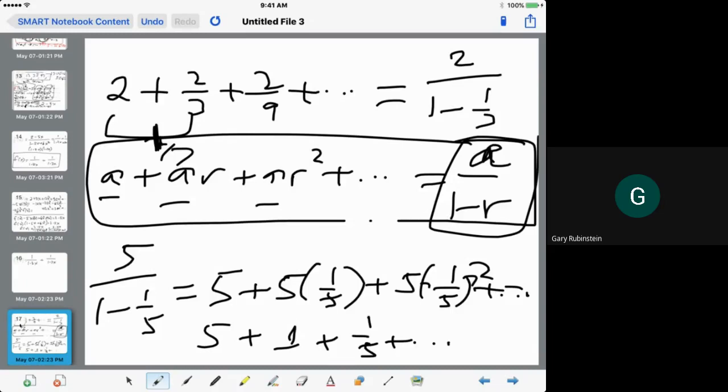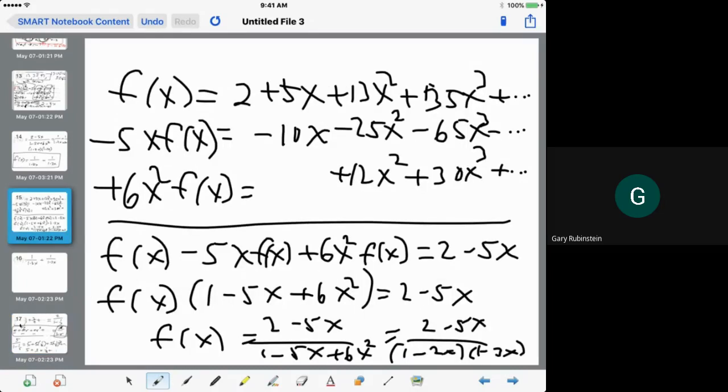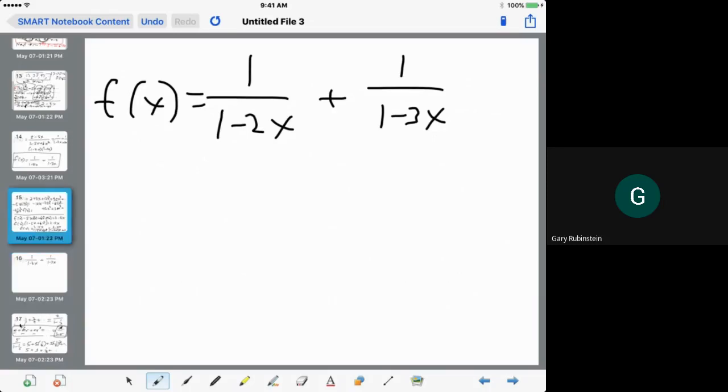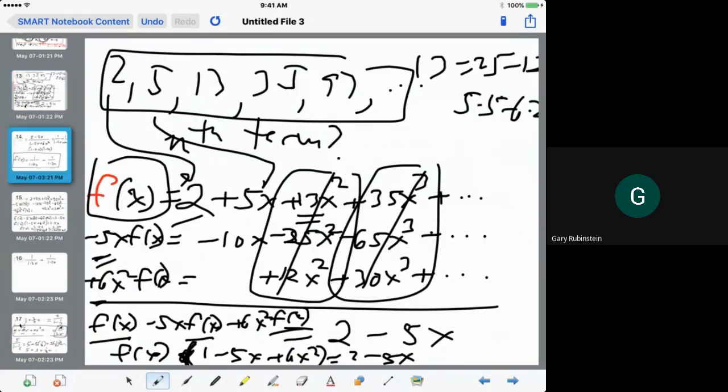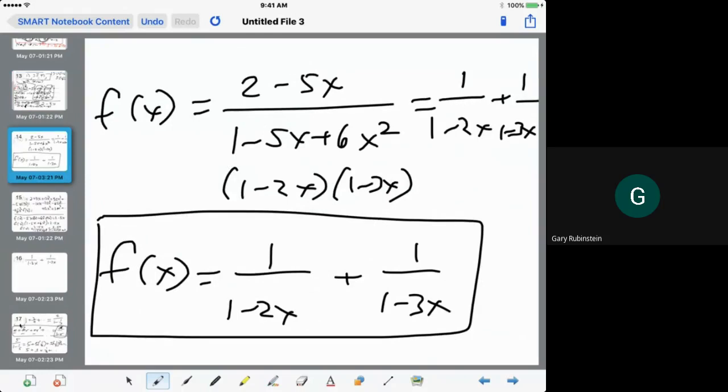Well, now let's go back to where we are. We're over here. We'll look at these two things. They look like A over 1 minus R, which means they can be expanded. Let me get a new page for that.